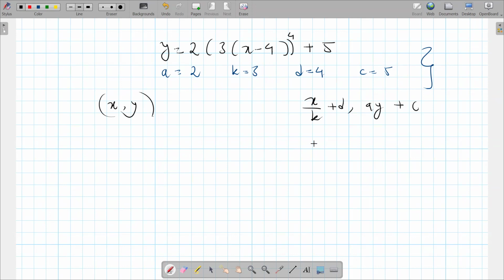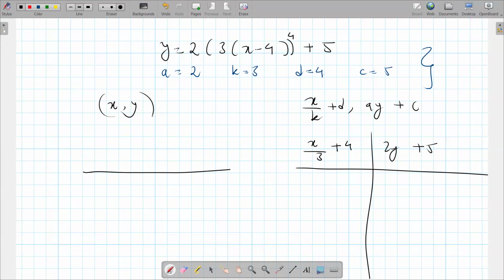So in this case, this becomes x over 3 plus 4, then ay would be 2y plus 5. And now your x and y values for quartic, that's your parent function. Remember, the first table is always with the untransformed quartic function. Give me some numbers for the quartic parent function.